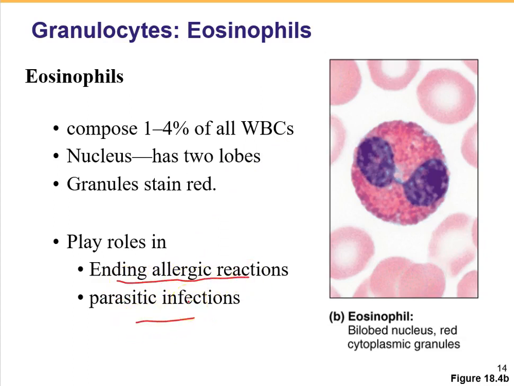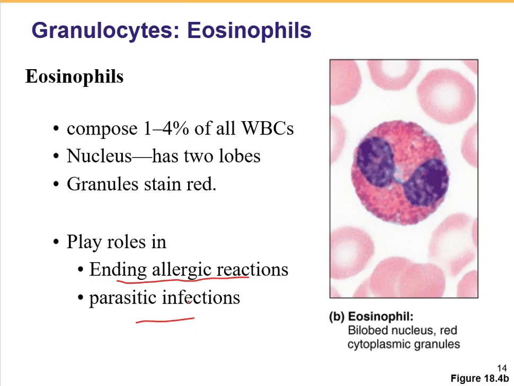When we have an allergic reaction, eosinophils help to dampen and eventually end the response. They release substances that help regulate inflammation and keep the immune response under control, preventing it from causing too much harm to our own tissues.